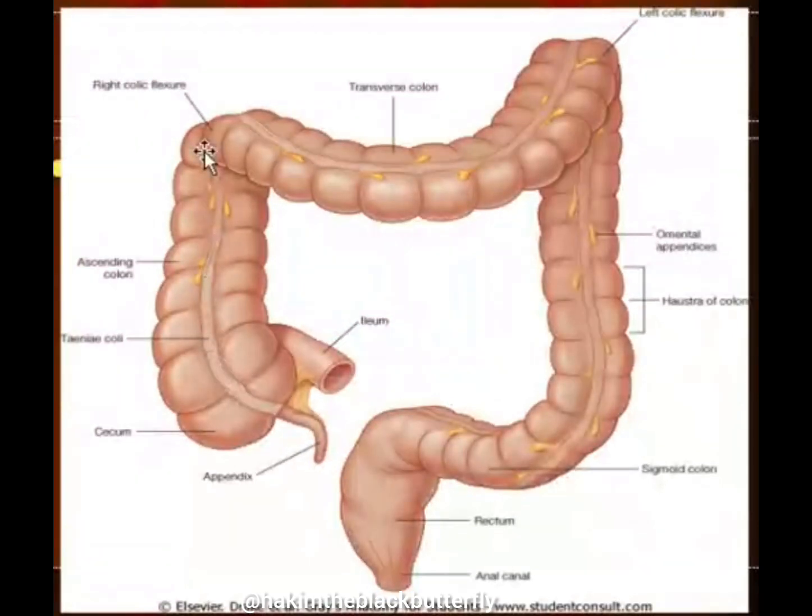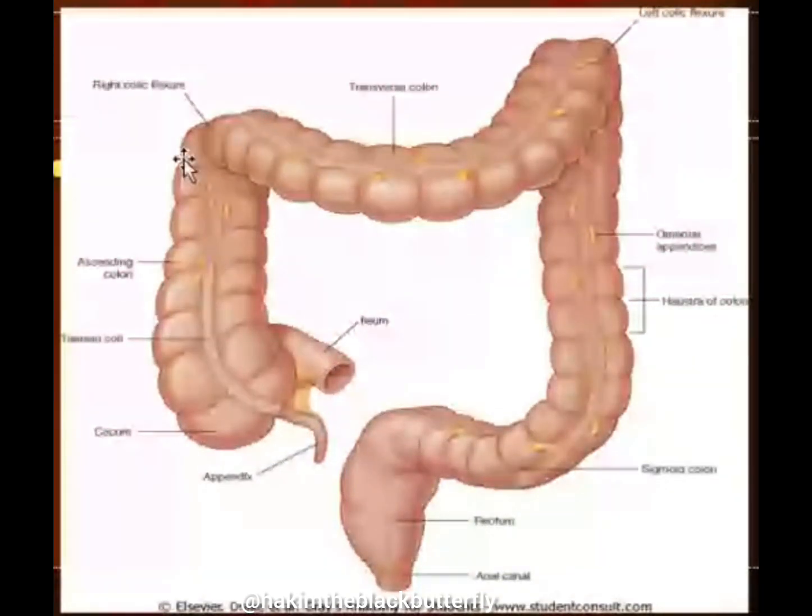That's the ascending colon. And this bend, where the ascending colon is turning to become the transverse colon, is known as the right colic flexure. Flexure is a bend of the colon. When you add colic, it's a bend of the colon on the right.